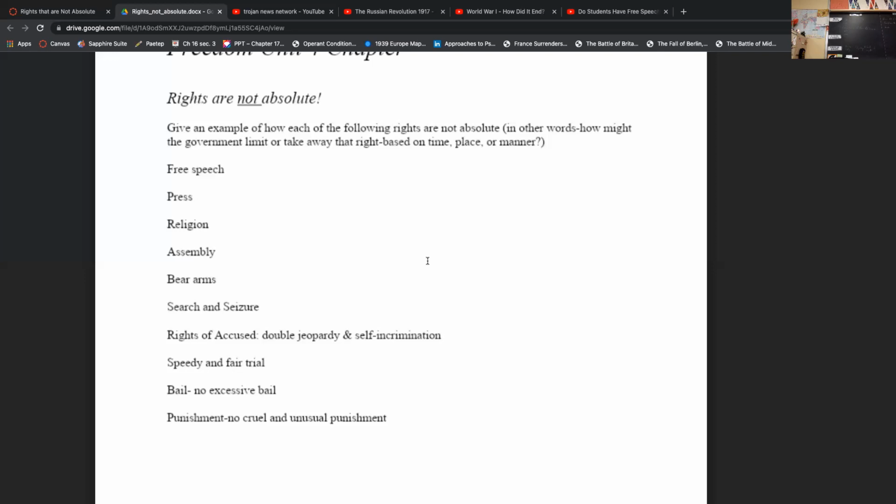Defamatory speech, maybe slander, libel, against another person. Maybe you're talking about the country. It's discrimination. False news, fake news, maybe?